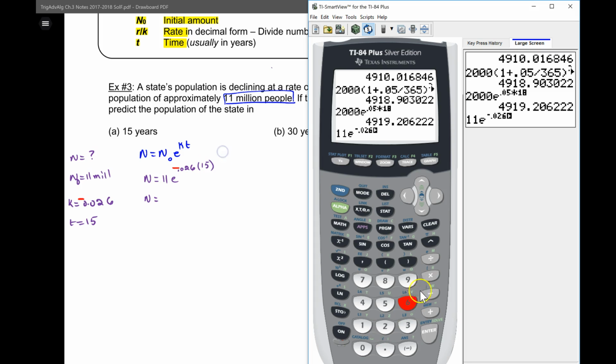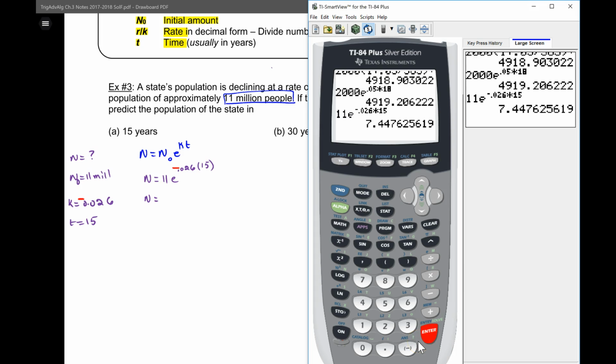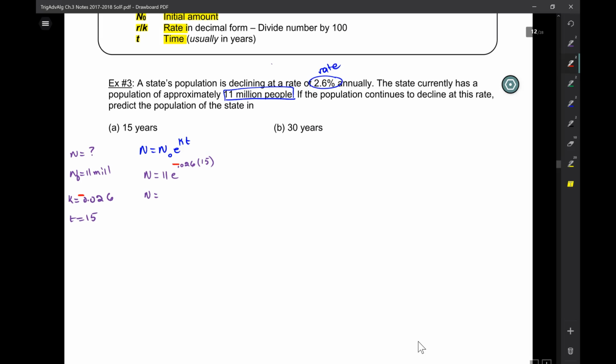So, do we have to plug in 11 million? No. And then just remember that it's going to be millions. So it's 7.45. So does that mean there are 7.45 people left? Million. So let's do this. N is approximately 7.45 million. And now, that symbol, what does that mean?